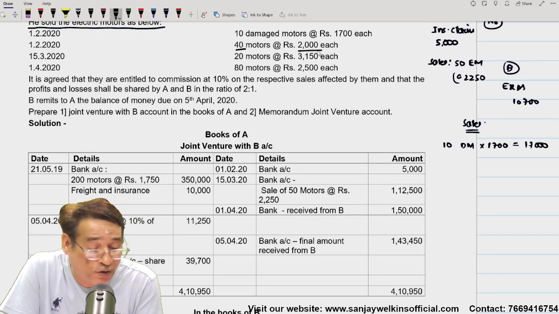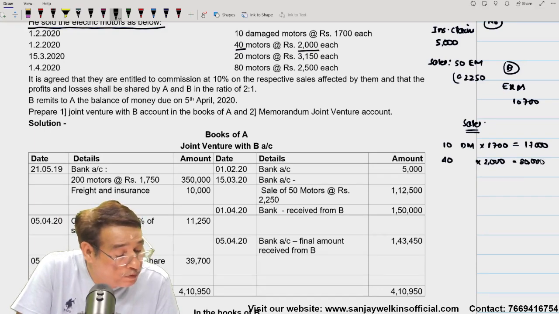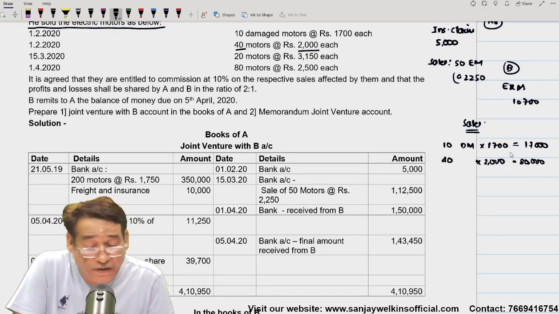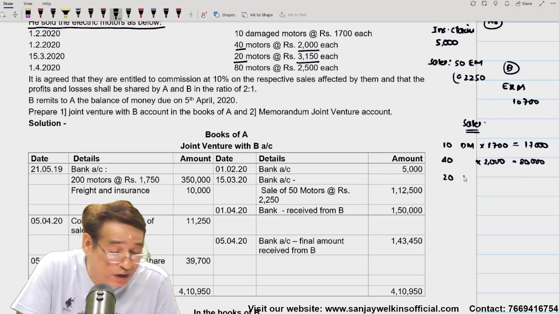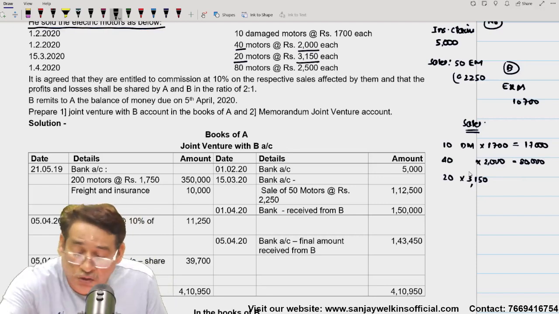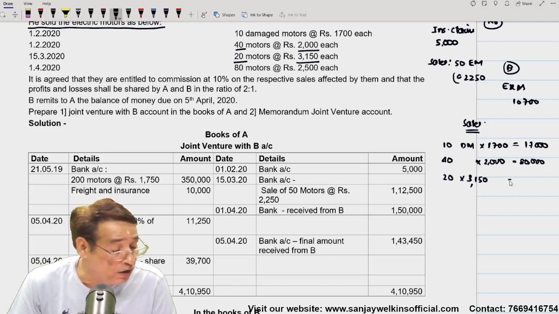Similarly, 40 motors he sold at the rate of 2,000. 40 into 2,000 will be equal to 80,000. Correct? And then 20 motors at the rate of 3,150. 20 into 3,150 will be equal to 63,000.